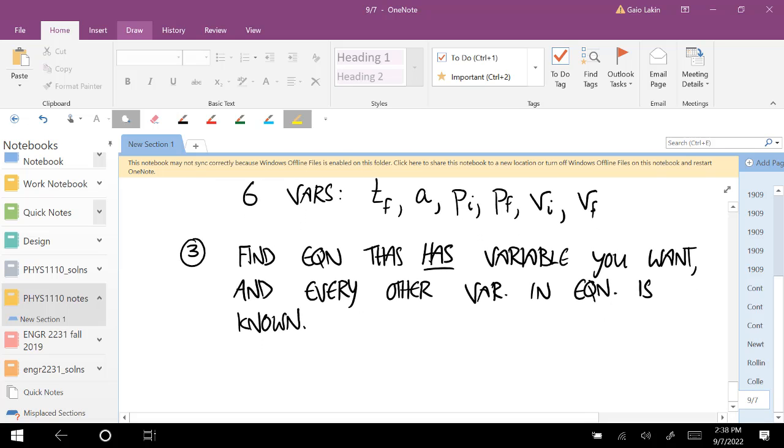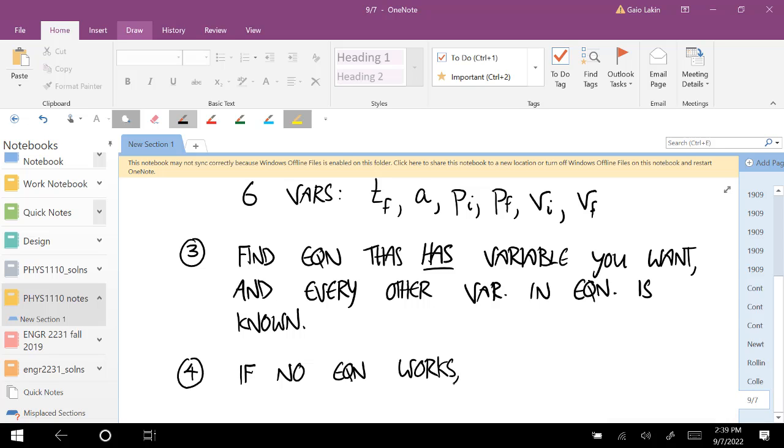Sometimes in problems later on that we'll get to, none of those 3 equations work, okay? If that happens, what you have to do is solve for an intermediate variable, some variable that you didn't know before.